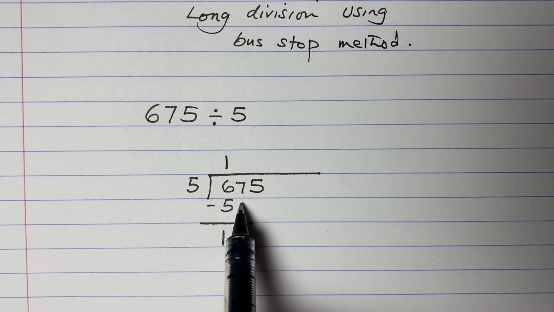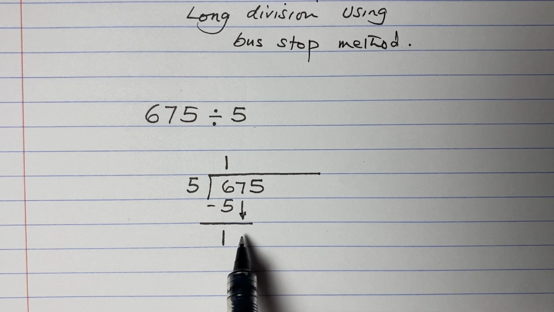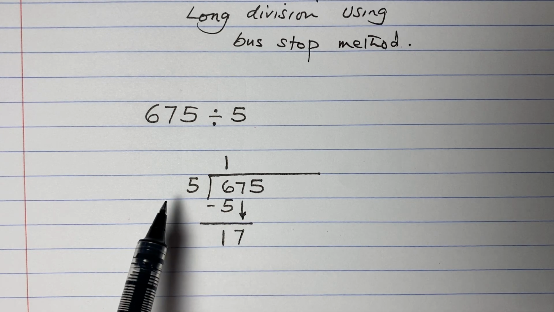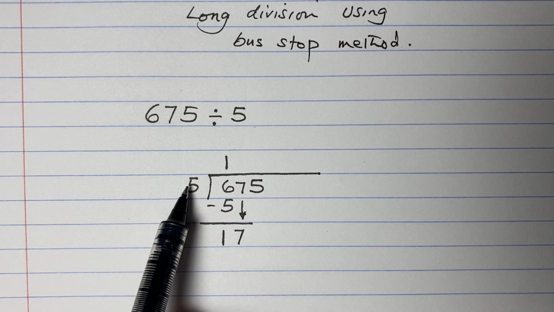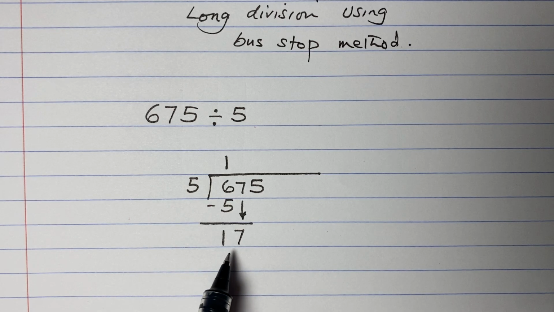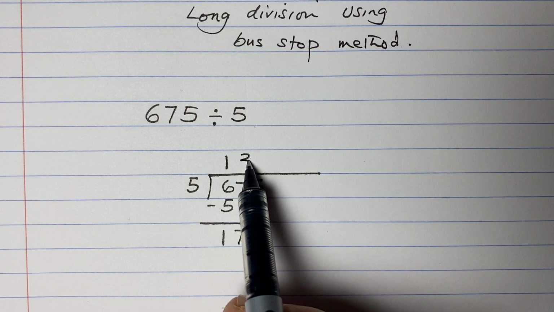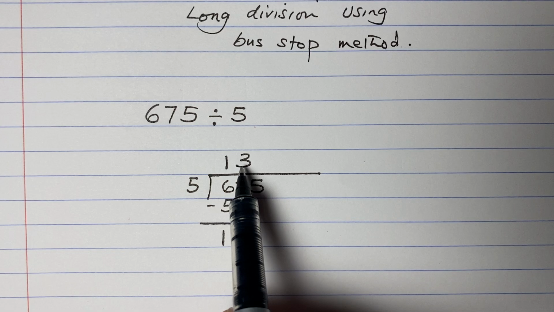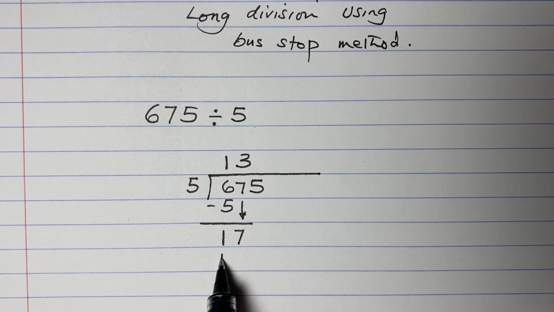To continue, you need to bring the next digit down. Question is again, how many 5 goes into 17? 3 times, because 3 5s are 15. Once you put a number here, you multiply, you write down 15 and take away. 2 left.